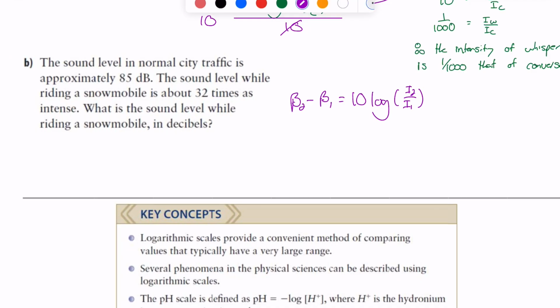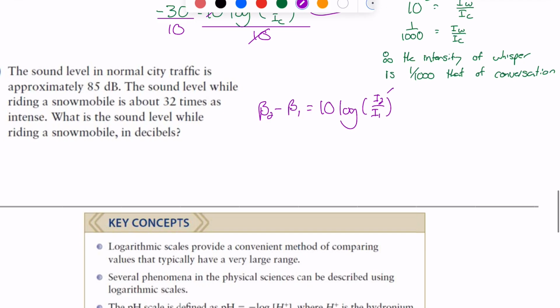So I'm going to say my snowmobile is I2, and traffic, let's call it IT, is what it's 32 times as strong as. So the sound level of my snowmobile subtracted by the sound level of my traffic is 10 log 32.